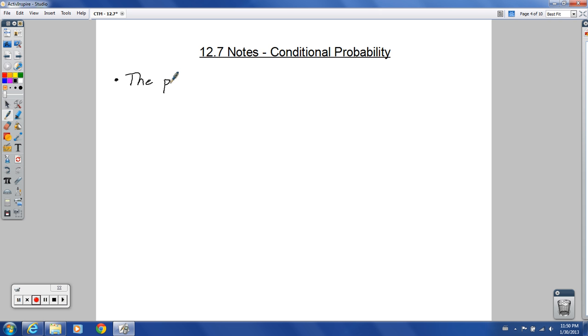So the probability of an event, we're going to call this event E2, so E sub 2, occurring, given, put a comma there, given event E1. Very, very critical that you are given event E1. This has to happen first, basically. So given event E1 is happening, what is the probability of event 2 happening?